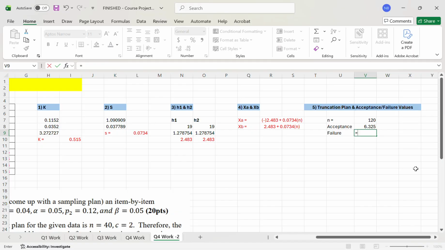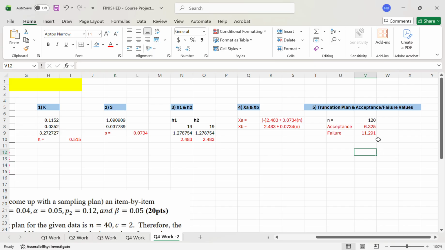All right, and we can do the same thing for our failure. 2.483 plus 0.0734, right, times that truncation value of 120. And it's going to give us 11.291. Okay?